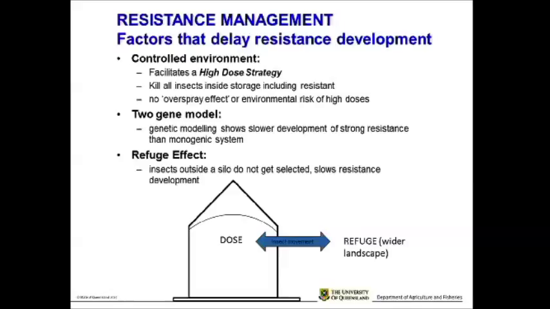And so you generally have populations that don't get selected outside, and so you have movement or reinfestation of that grain, and then you would have a dilution of effect of the resistance genes with susceptible insects from outside of the silo. But with a two-gene system, that almost amplifies that dilution effect. So if you only have a heterozygote of one of those genes, your resistance levels just drop dramatically.